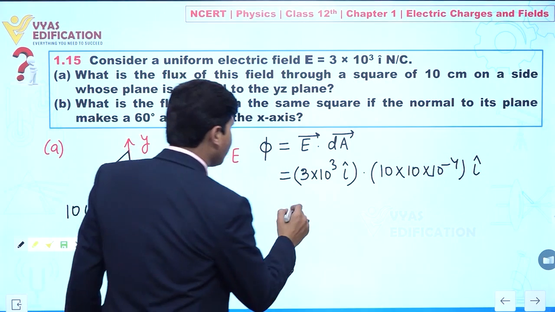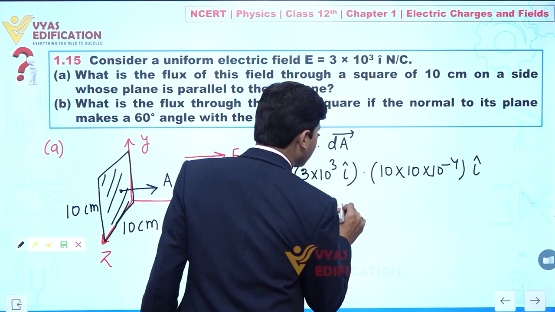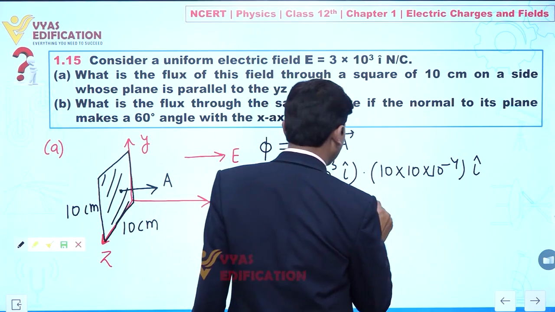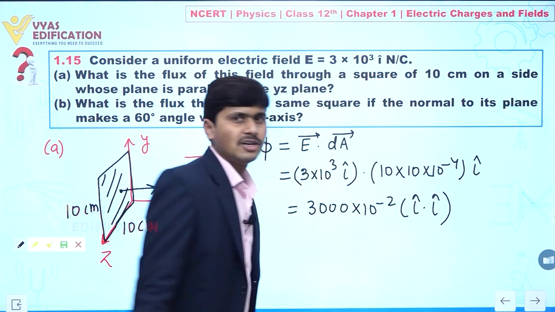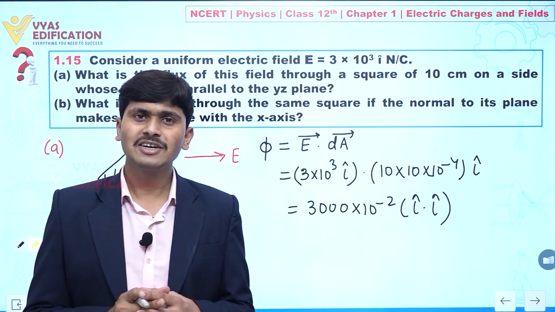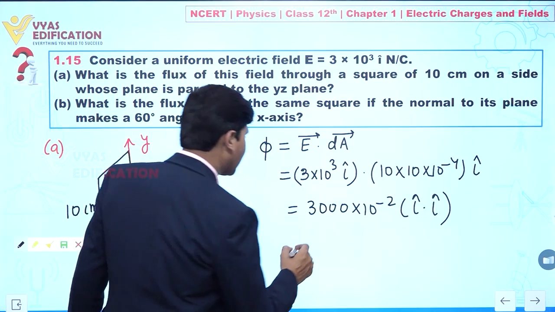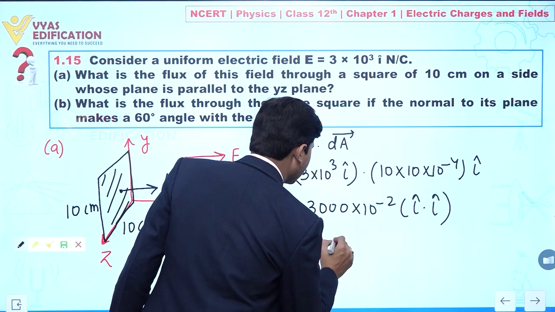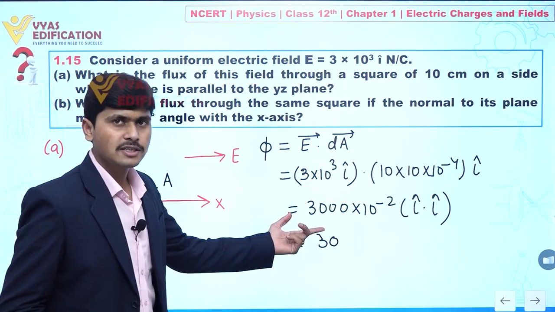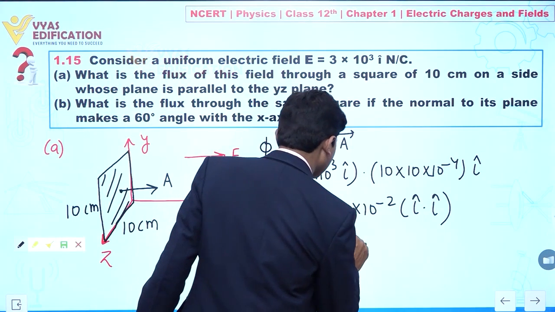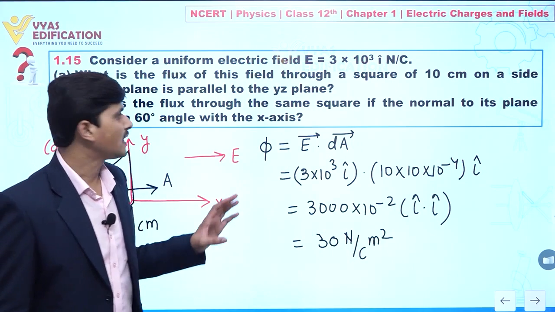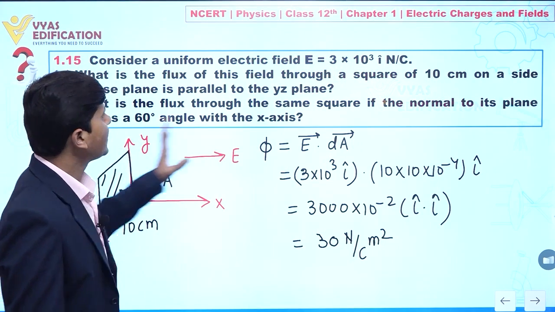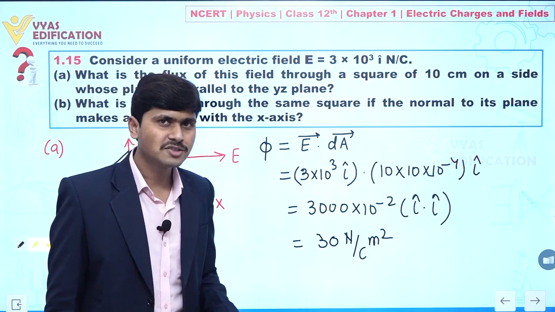Clear? So we can write 3000 multiplied by 10 to the power minus 2, and this is i dot i. Okay, i dot i is equal to what? 1. So this is 30, yes or no? This is 30, and the unit is Newton per coulomb meter square. So this is the value of flux that passes through a plane that is parallel to YZ, yes or no?